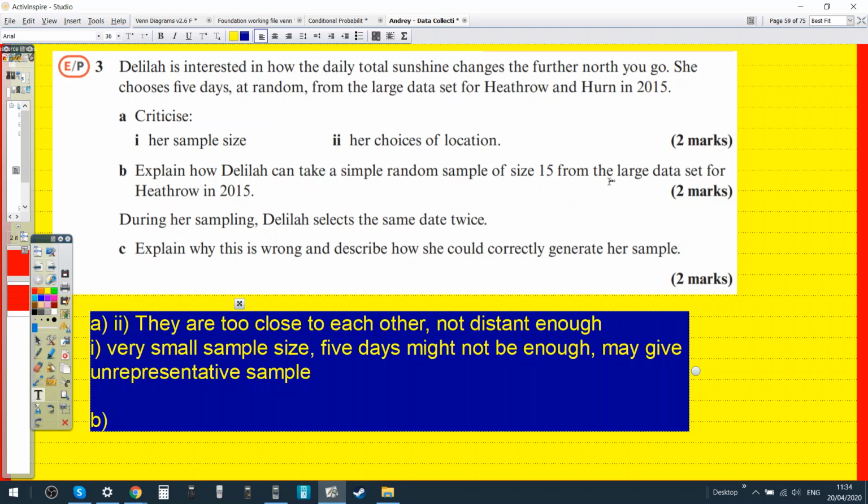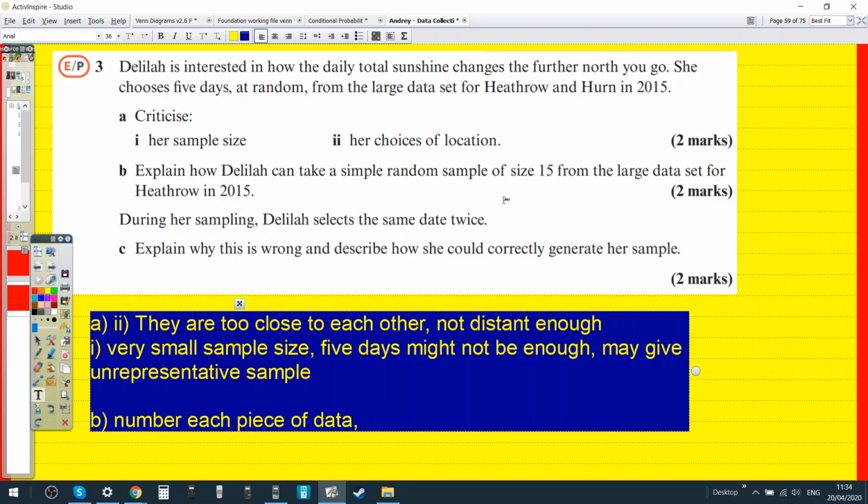So simple random sample. Also, as we see from the large data set for Heathrow, let's say number each piece of data 1 to 15. Oh no, sorry, not 1 to 15.